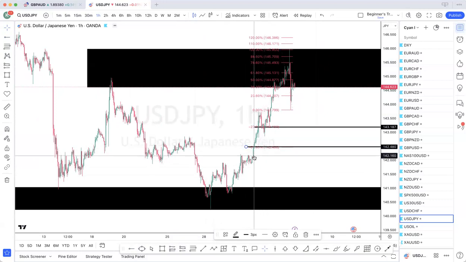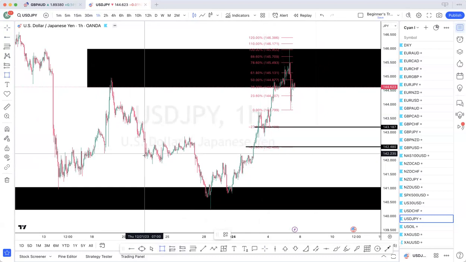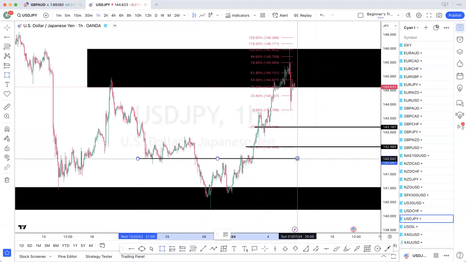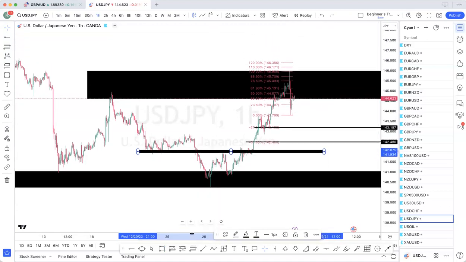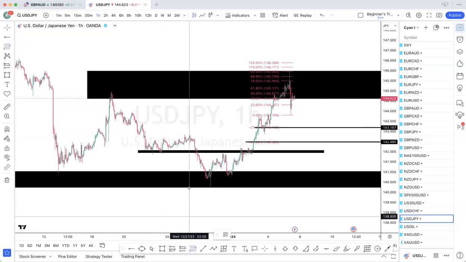And it may even come down to this order block right here, which is on a 1 hour time frame, a level of support and resistance, right? So it may come down to here and then start pushing back up.